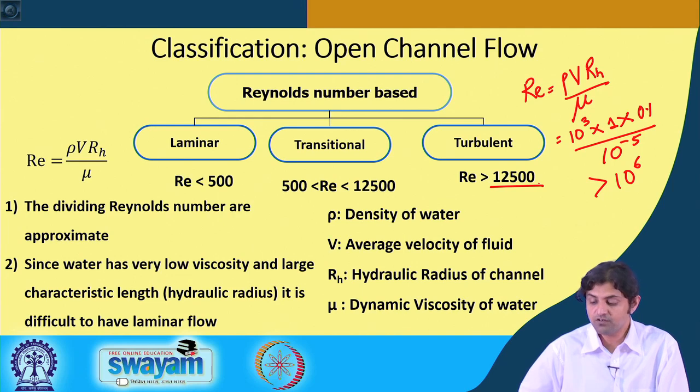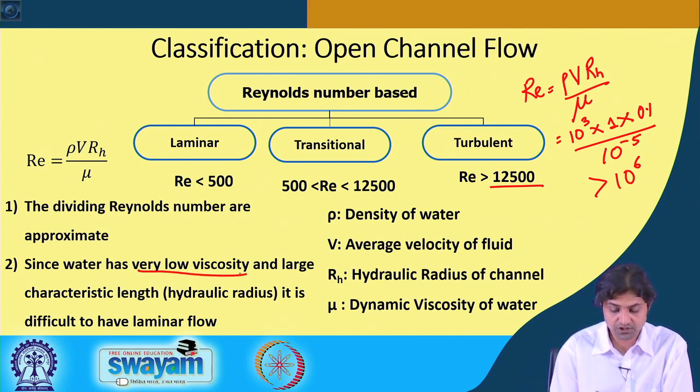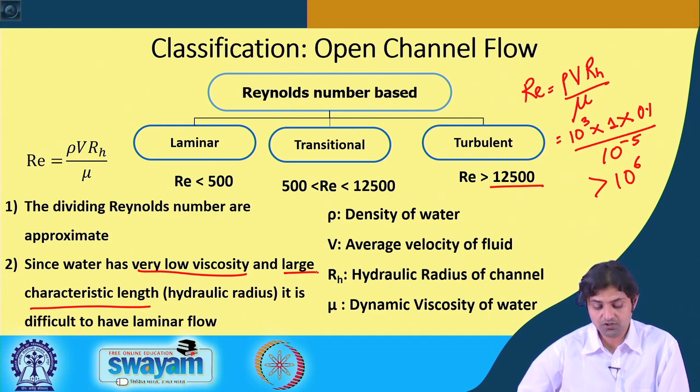So, however small a velocity you have, because of the very low viscosity and large characteristic length, it is almost impossible to have laminar flow in an open channel.